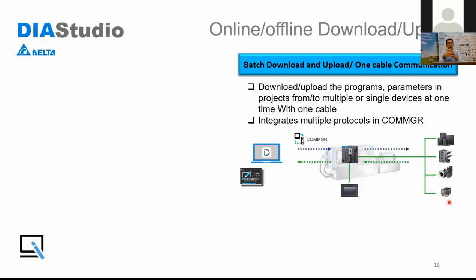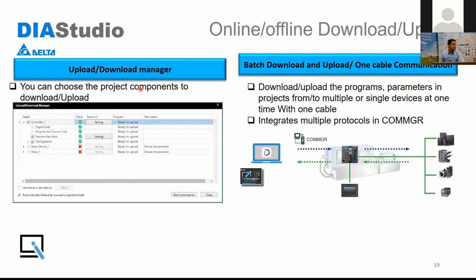For instance, normally you need to connect the first PLC to download, then the second one, go to the VFD to download, and go to the ASDA-Soft for the servo. But here in this designer, since they are all included in the project and they are all connected at the same time, you can download all in one.